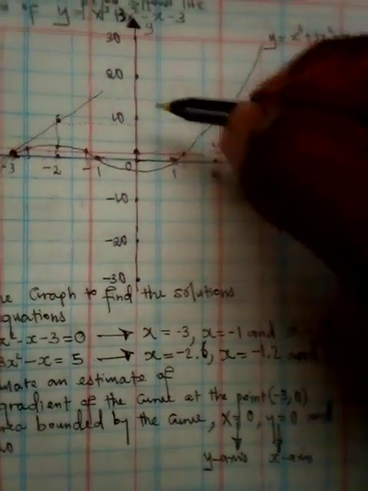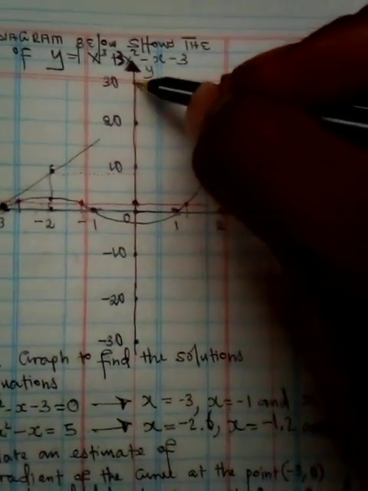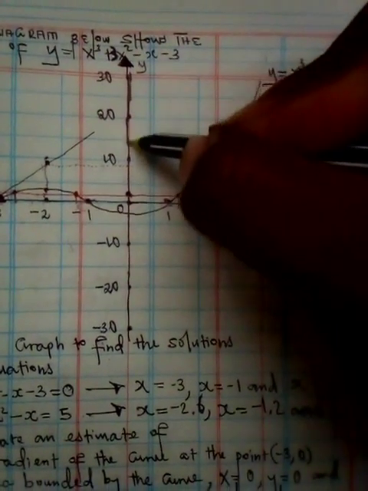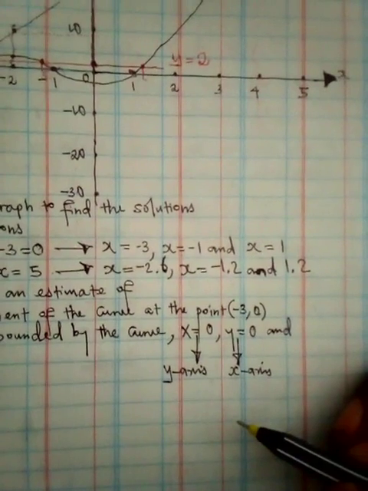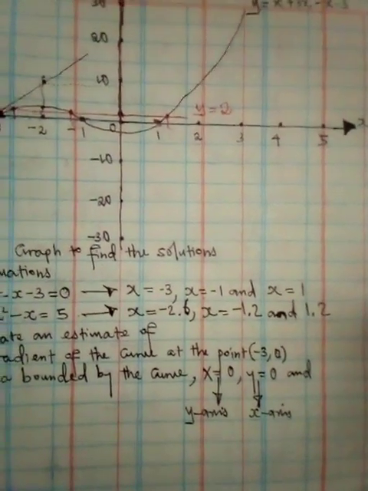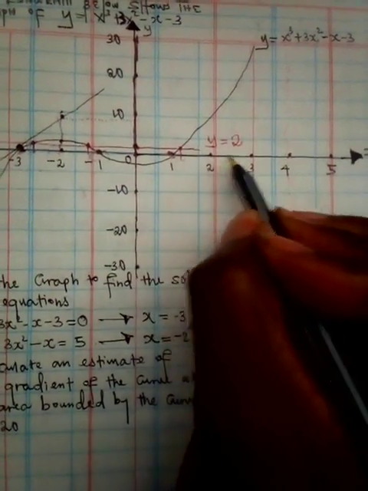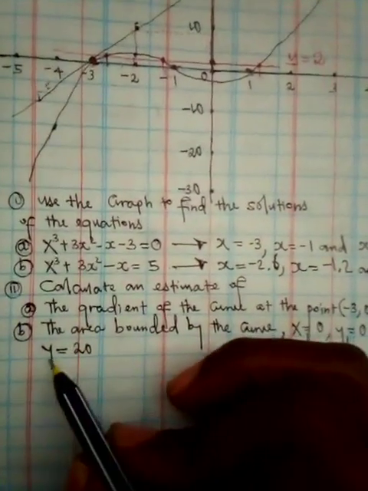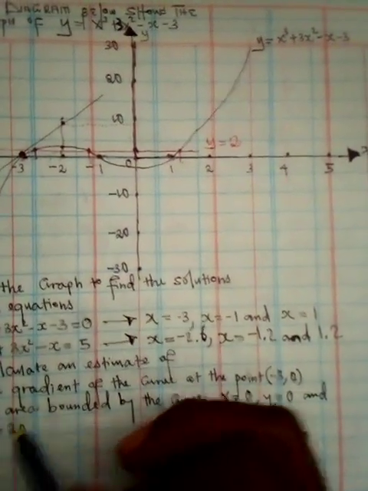So let's do this. X is equal to 0 is your y-axis. This is the one here. Y is equal to 0, that's your x-axis. This is the one that is coming this way. And then they have also mentioned y is equal to 20.